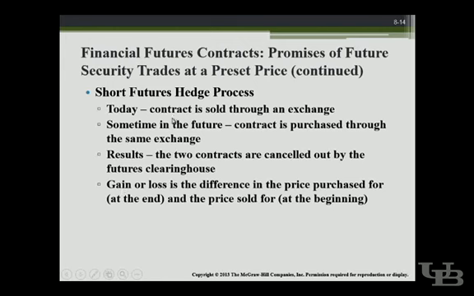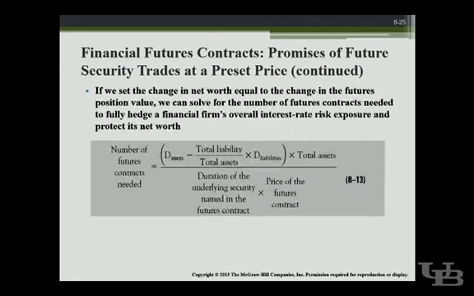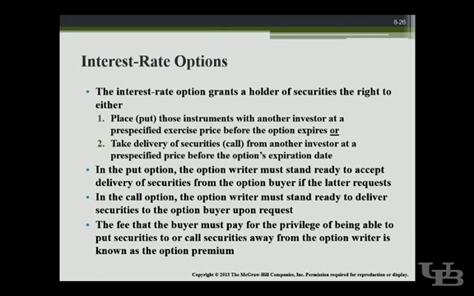However, if market rates do fall instead of rise, they will lose money. So it's either a gain or a loss because these are binding contracts. In the case of options, they have the right to cancel if interest rates were to go down instead of going up. What are put and call options?